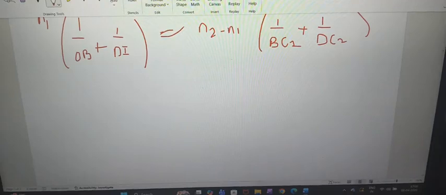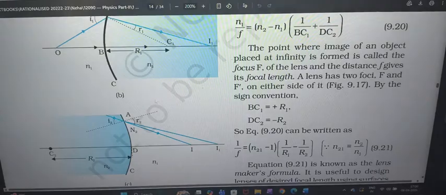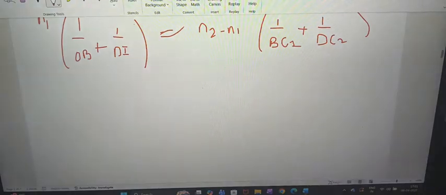So what is OB over here? OB is actually the object distance. So let us imagine this object is kept at infinity, so that I'll exactly know where the image will form. Image will be formed at focus only. So I can write the image distance at that time as the focal length. So that's why OB, the object distance, I'll consider to be infinity.